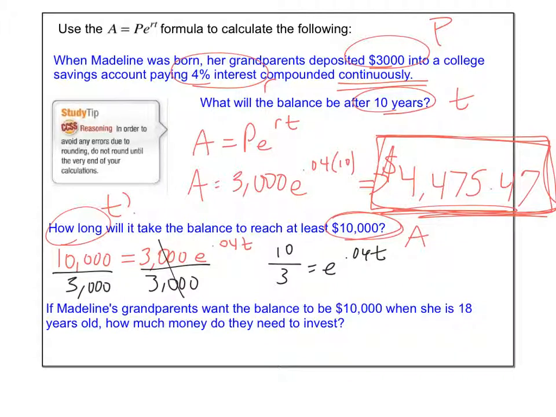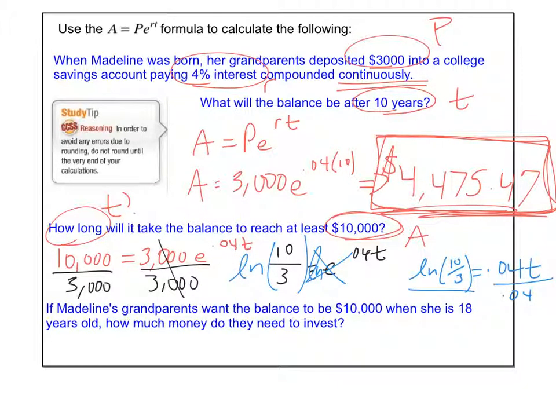Now we're in a situation, just like the previous couple pages here, where we can take the ln of both sides. The ln of e is 1, so I'm left with 0.04t equals the natural log of 10/3. So to solve for t, I will divide the natural log of 10 over 3 by 0.04.